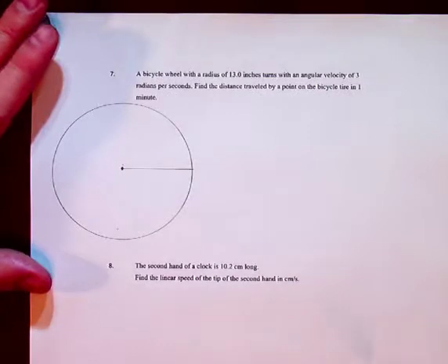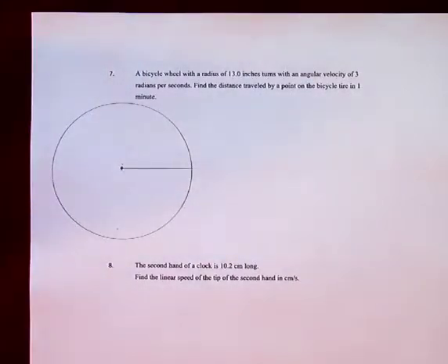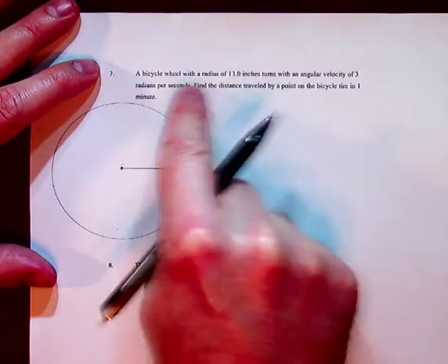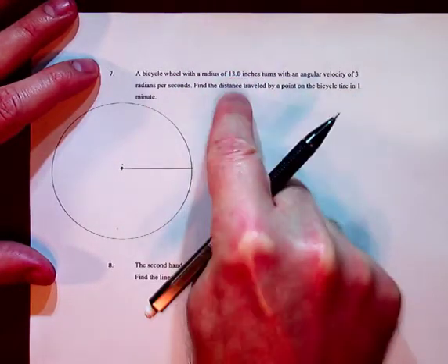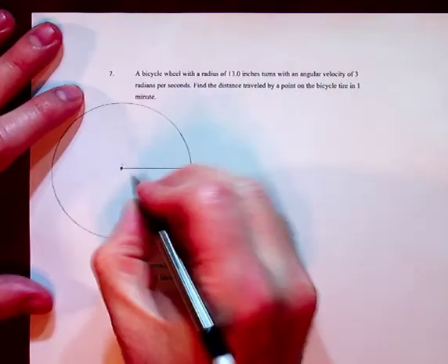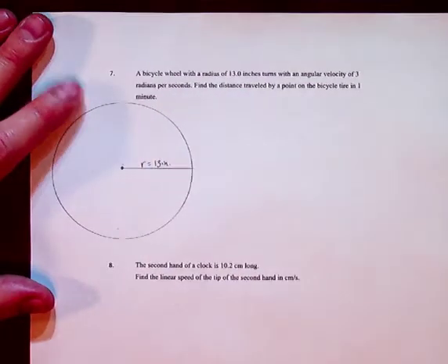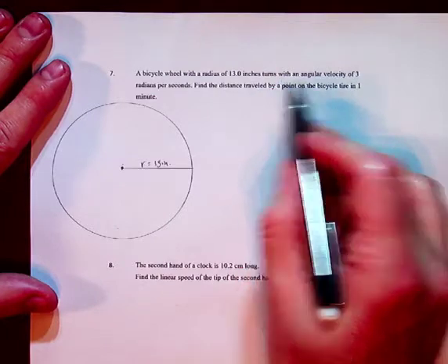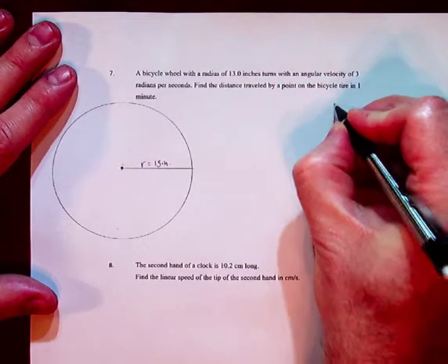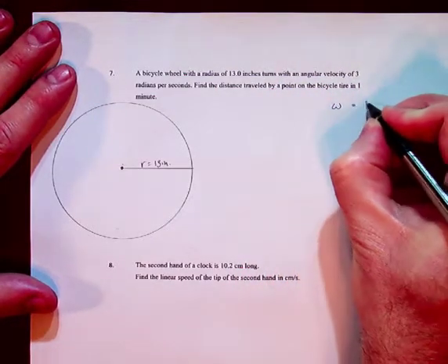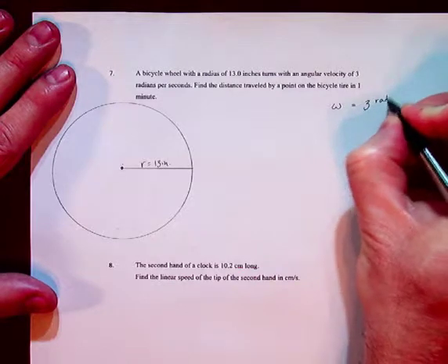Now, part of the credit that I apportioned for this was based upon mining the correct information out of the question stem. A radius of 13 inches was part of that information. And it turns with an angular velocity, that's omega, of 3 radians per second.